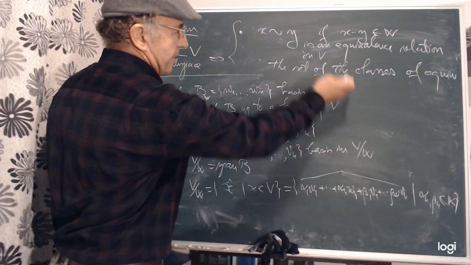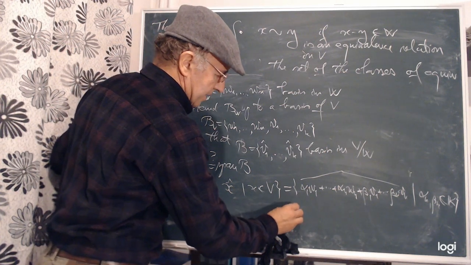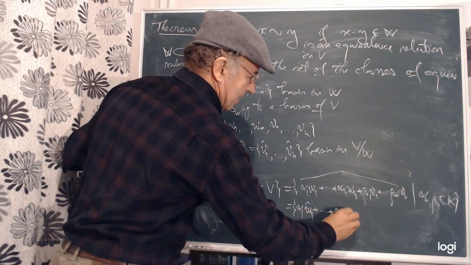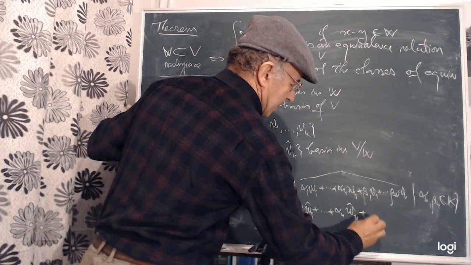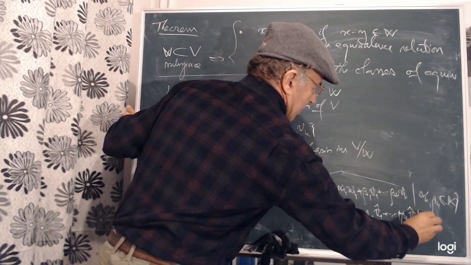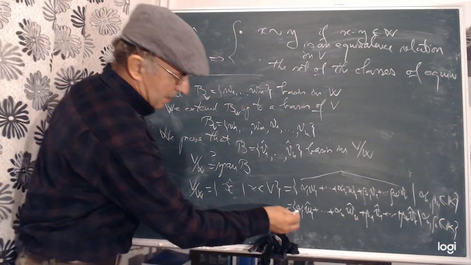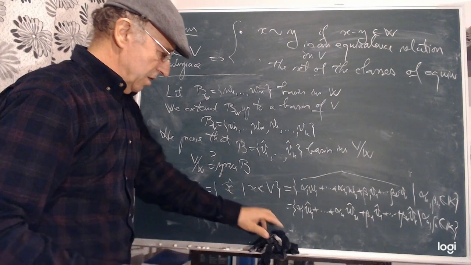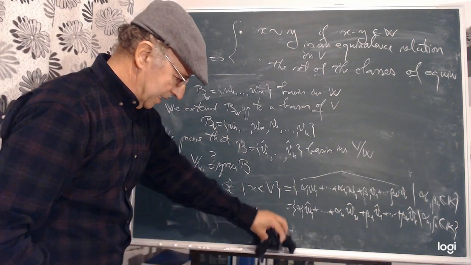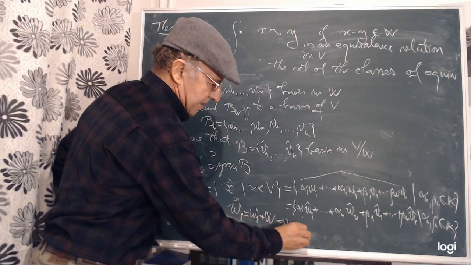By using the definition of addition and scalar multiplication, this can be written as alpha 1 times the class of W1 plus alpha n times the class of Wn plus beta 1 times the class of V1 plus beta k times the class of Vk. But the class of W1 is W1 plus the subspace W, and this element is in W, so it is the class of 0.